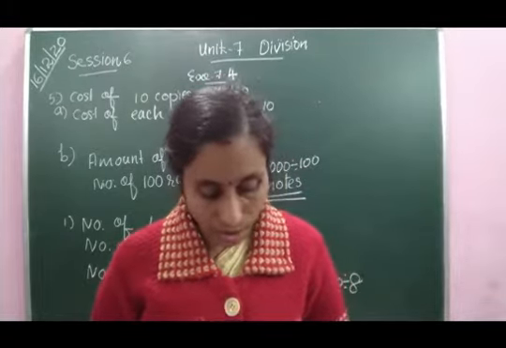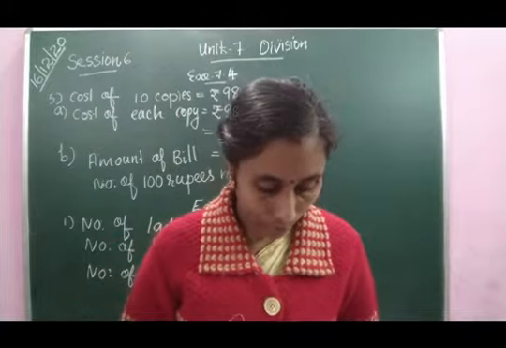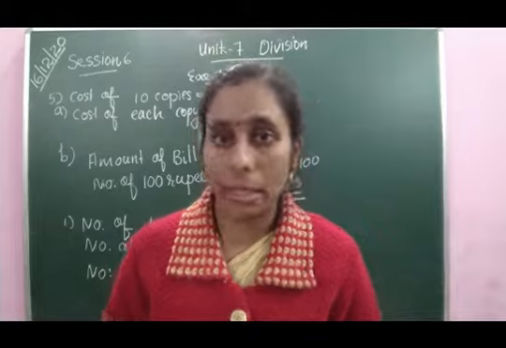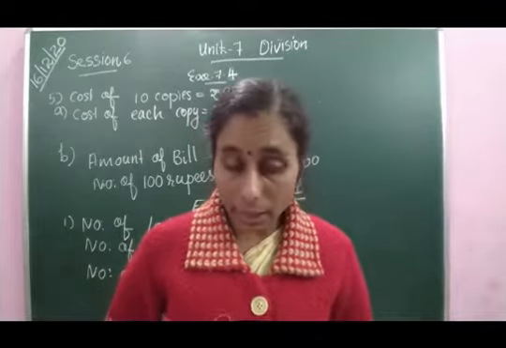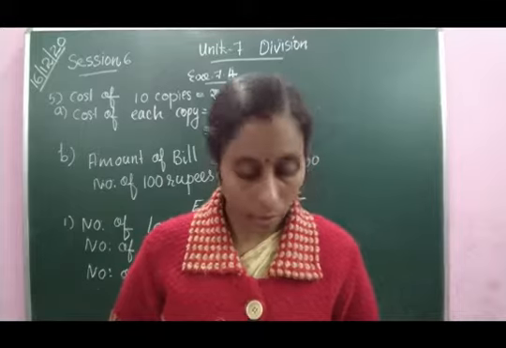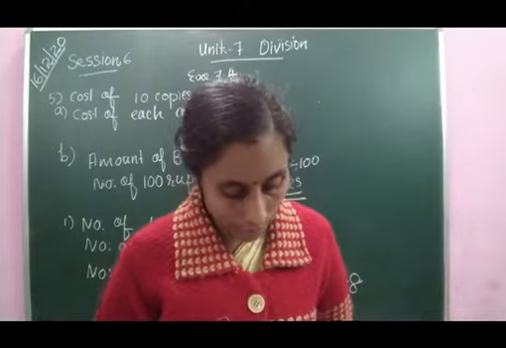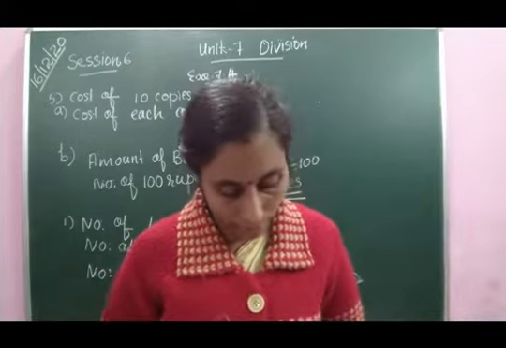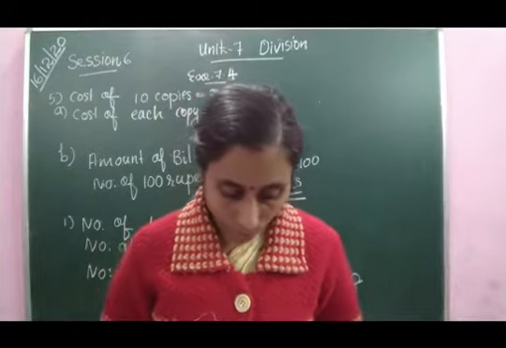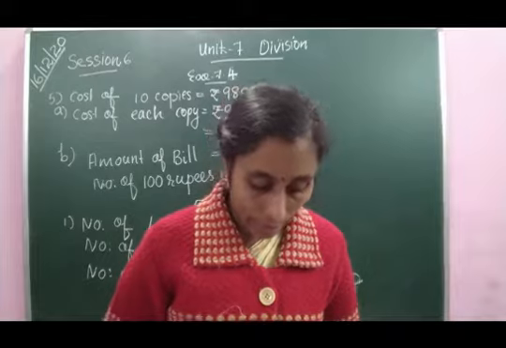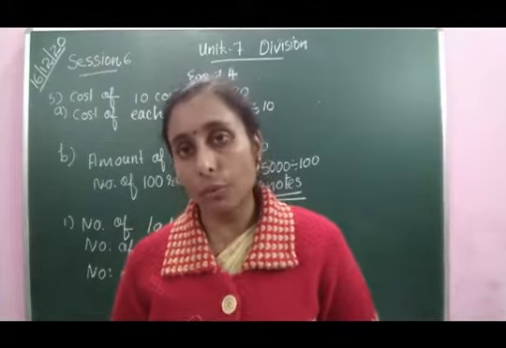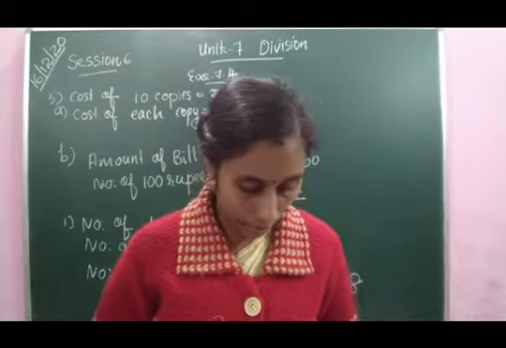Then 365 divided by 100. 3 is quotient. 65 is remainder. 100 divided by 100. 1 is quotient and 0 is remainder. 9373 divided by 100. 93 is quotient and 73 is remainder. 842 divided by 100. 8 is quotient and 42 is remainder.